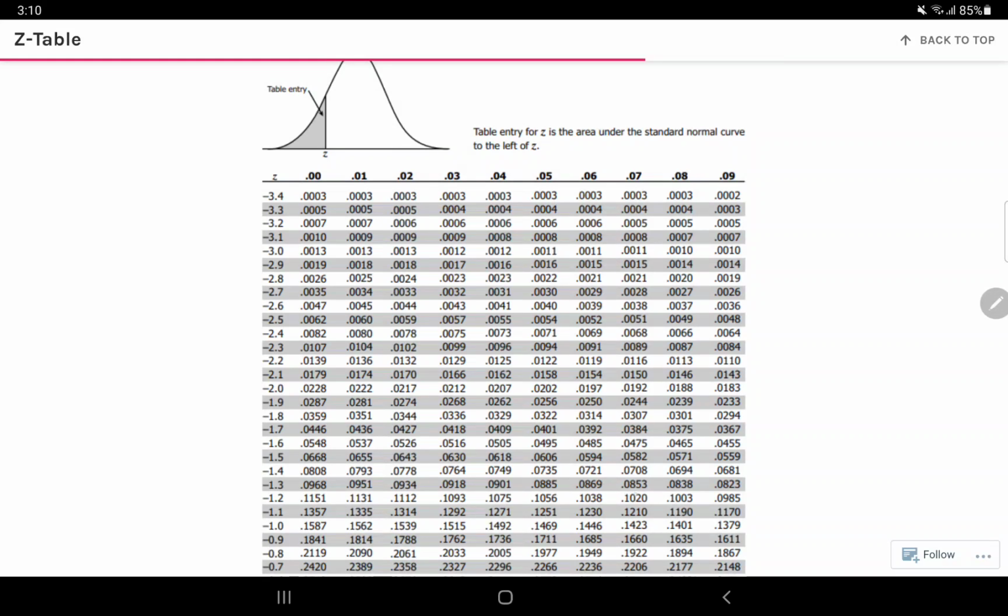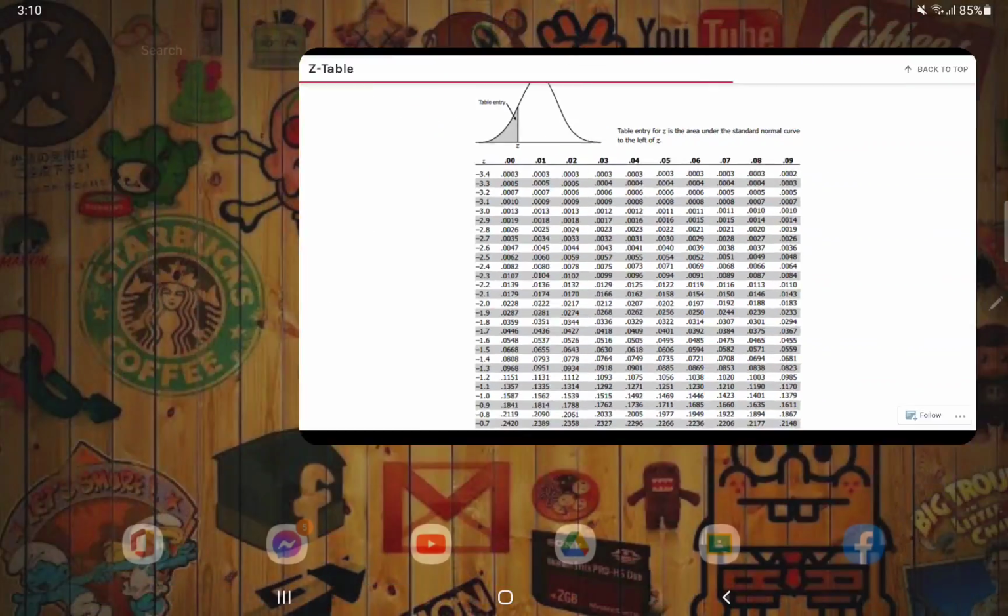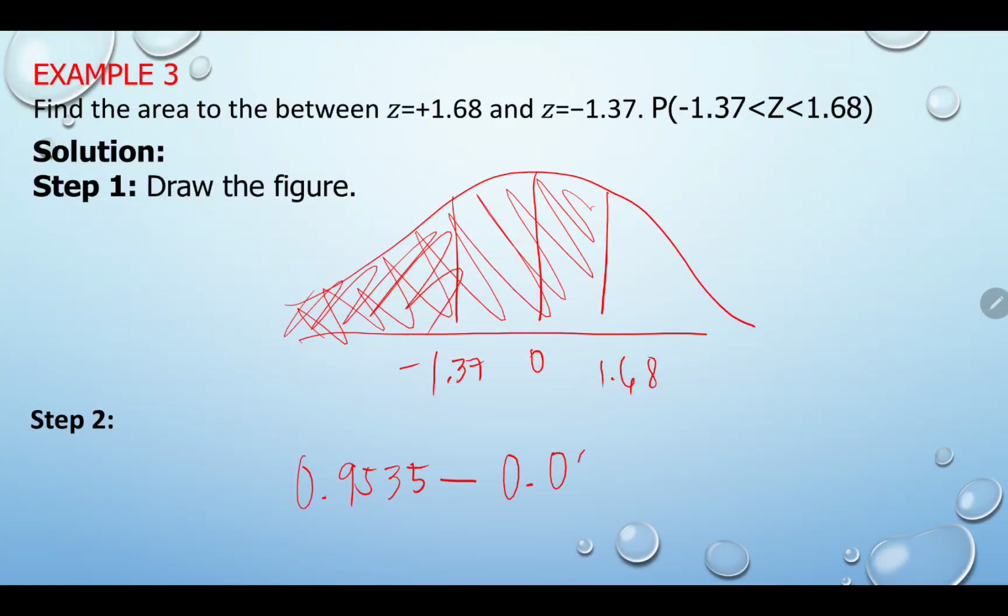So, that value is 0.0853. So pag sinubtract natin yan, that is 0.8682. So that will be the area.